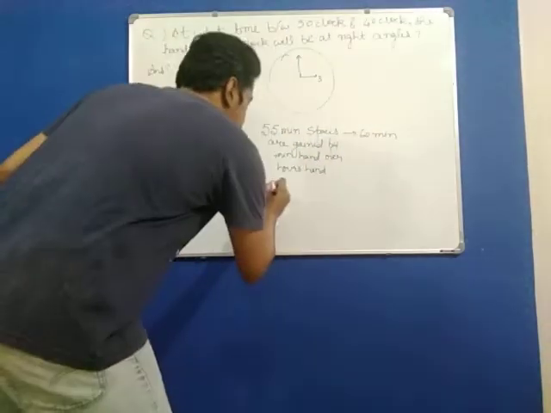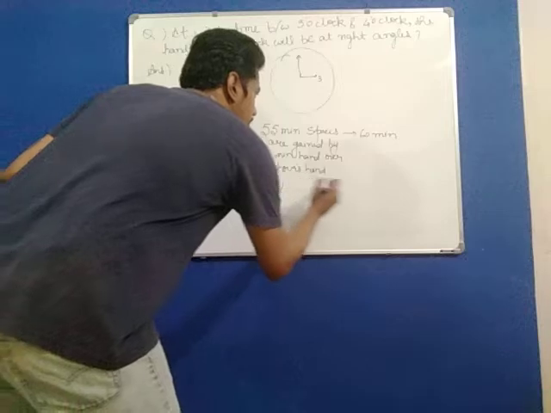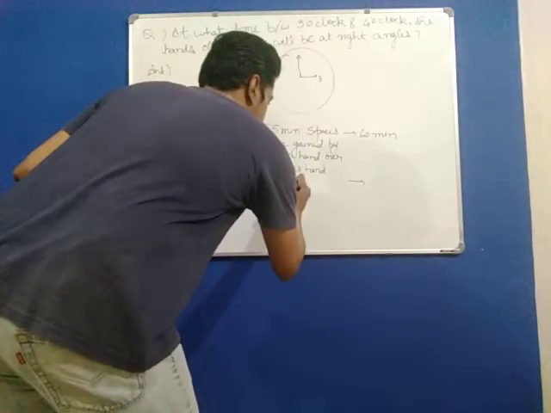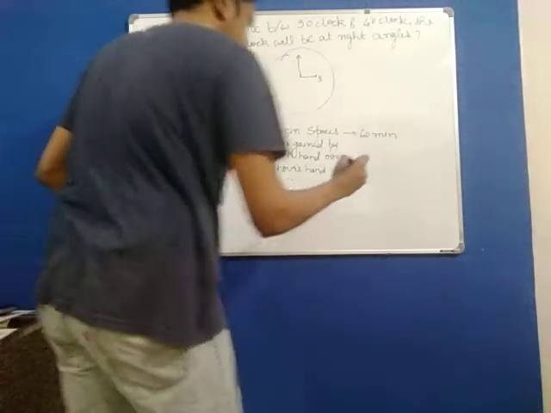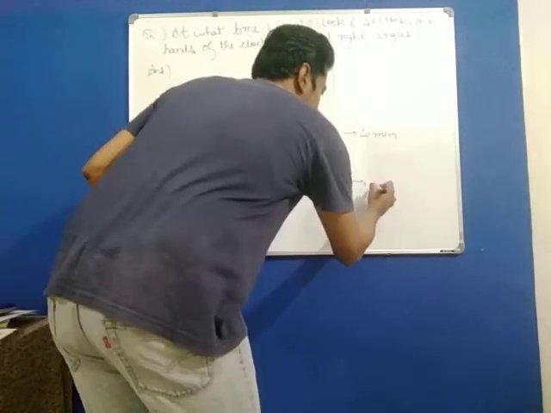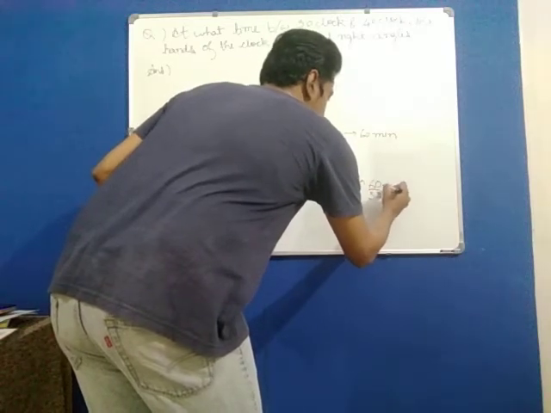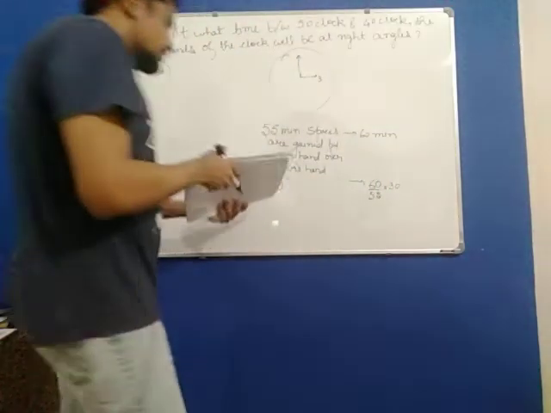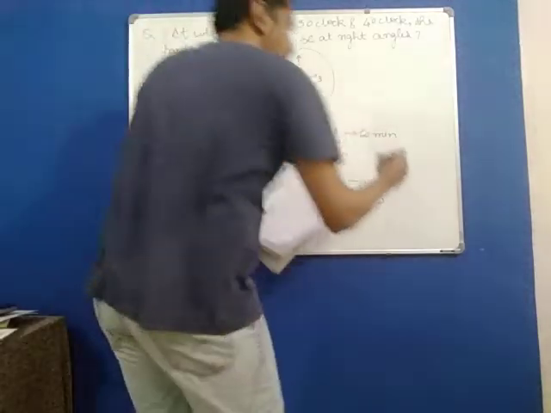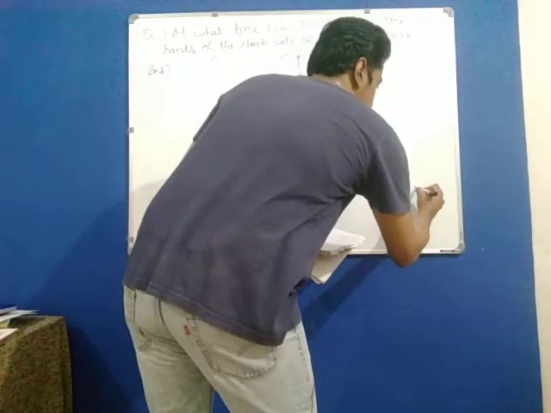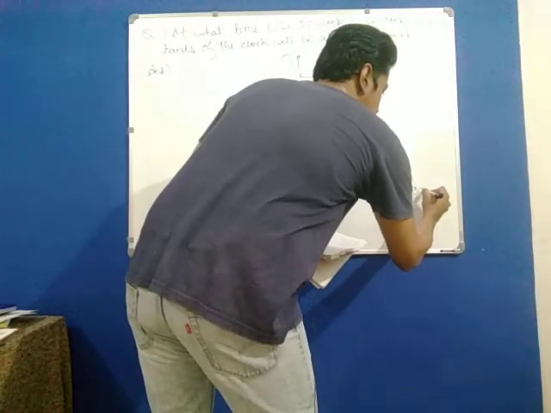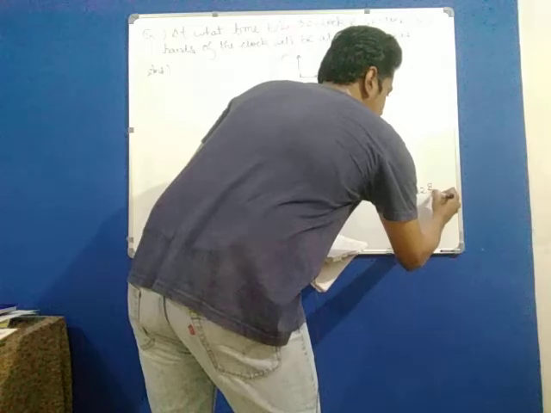Thereby 30 minute spaces will be gained by the minutes hand over the hours hand in 60 by 55 into 30, which would come out to be 32 8 by 11 minutes.